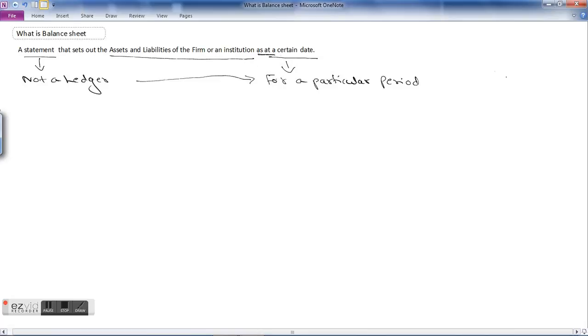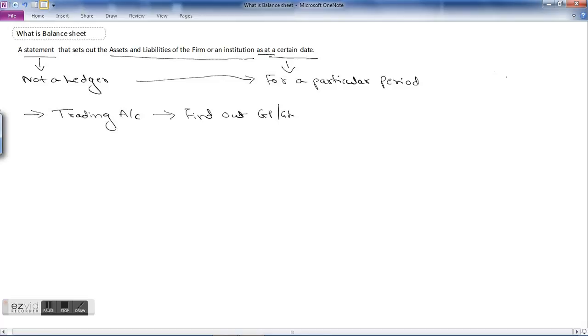Now a balance sheet is prepared only after preparing your trading account, profit and loss account, and profit and loss appropriation account. So how does it go? You prepare your trading account and find out the gross profit or gross loss.